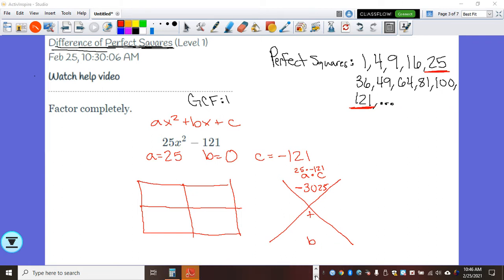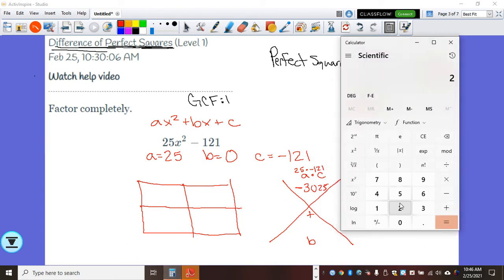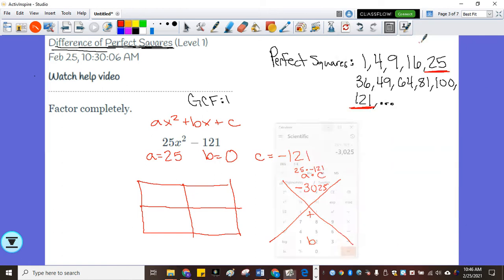Negative 3,025. And we're trying to add to B, which is 0.